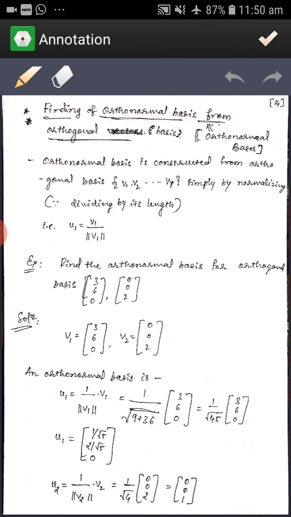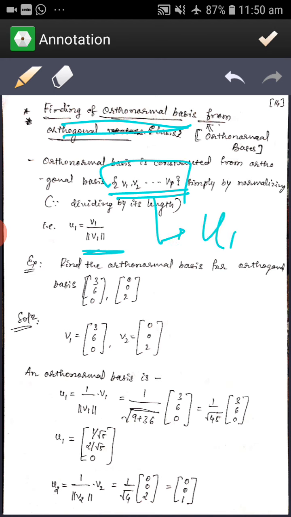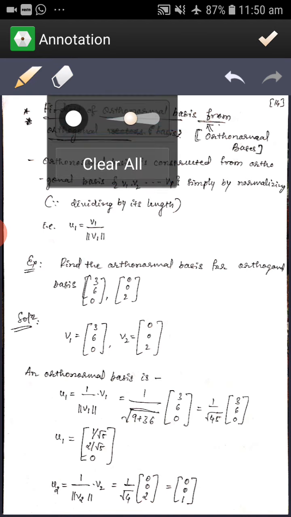After calculating the orthogonal basis, how do we calculate the orthonormal one? As I said, orthonormal is nothing but the unit vector of each vector. We need to calculate the length of each. If the length is 1, the same vector is already a unit vector. If the length is not 1, then the vector is divided by its length. Let us take some problems.